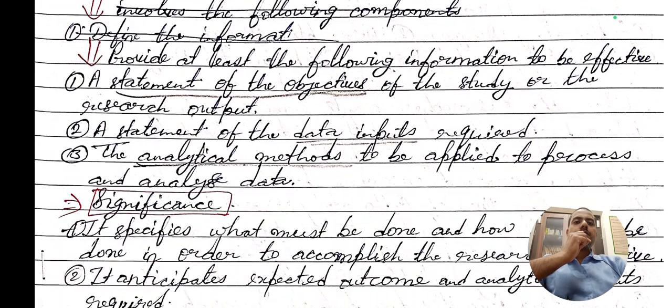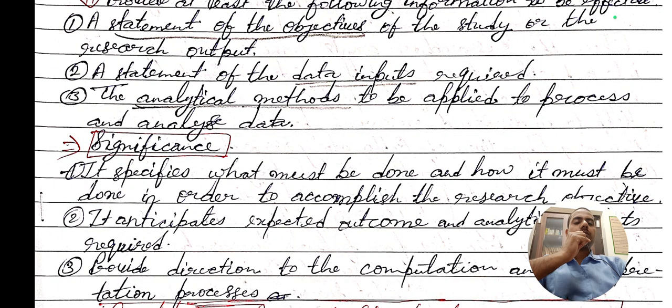The first is a statement of the objectives of the study or the research output. Second, the data inputs required, so what different kinds of data inputs are required. And third, the analytical methods to be applied to process and analyze the data.